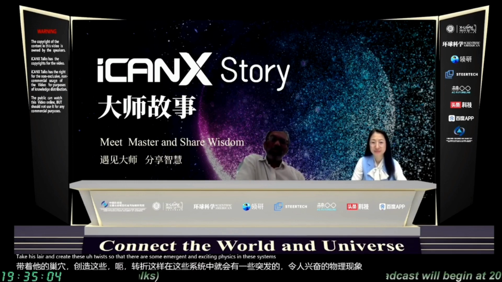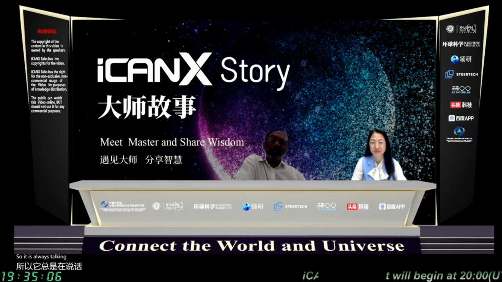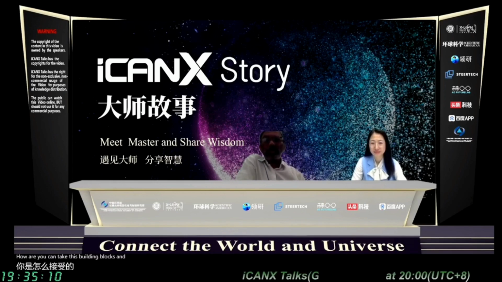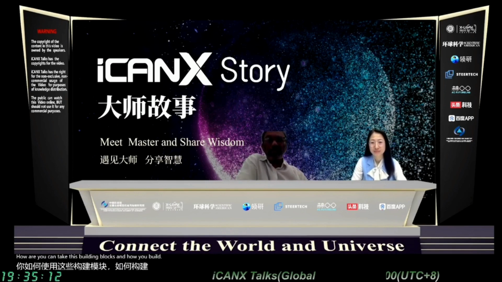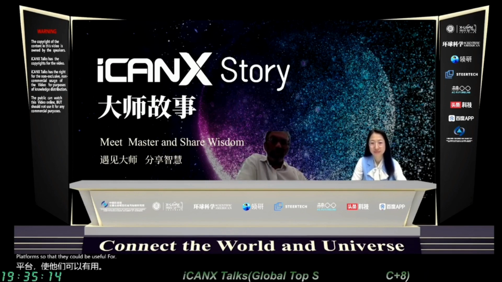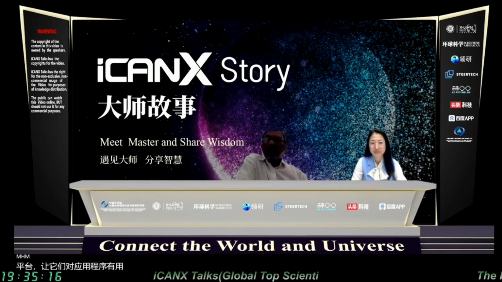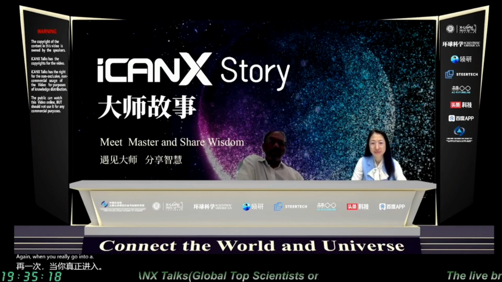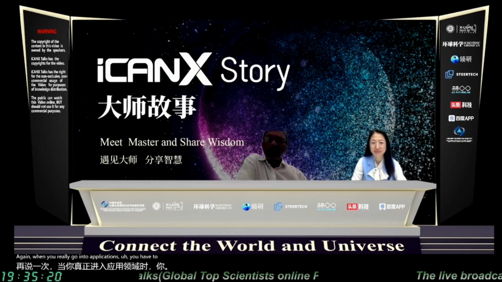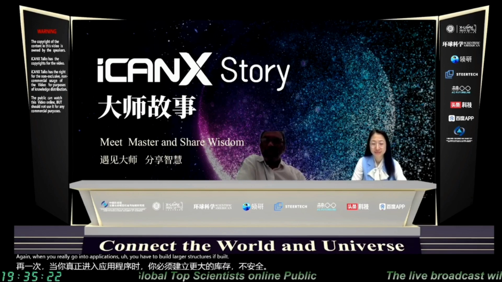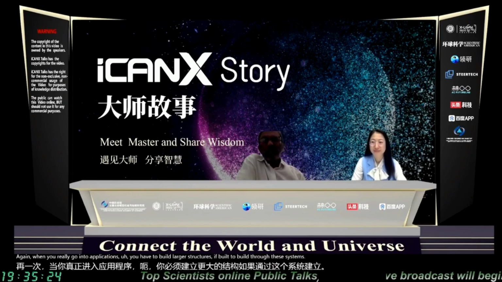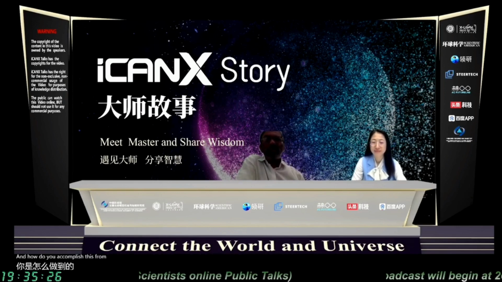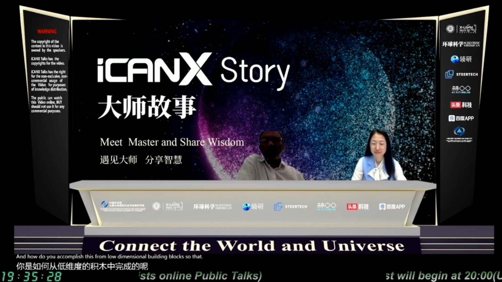So it's always about thinking about how you can take these building blocks and how you build platforms so that they could be useful for applications. Again, when you really go into applications, you have to build larger structures, you have to build 3D systems. And how do you accomplish this from low-dimensional building blocks? So that's always been our interest.